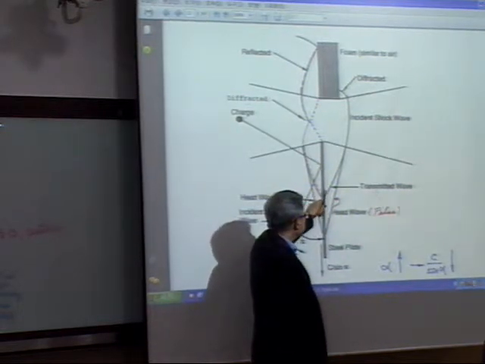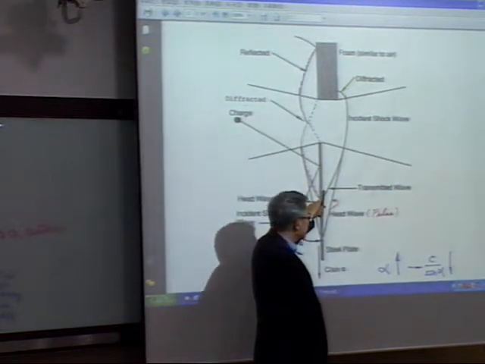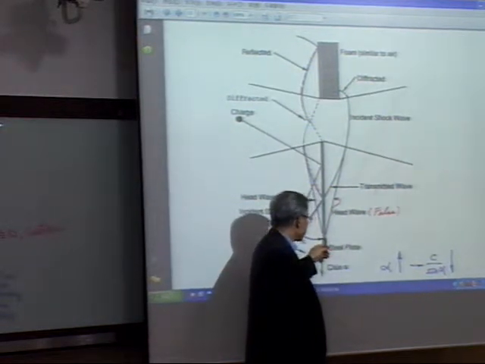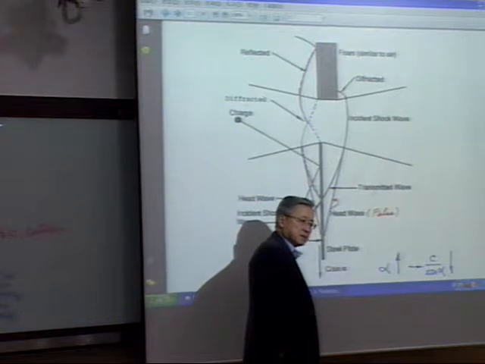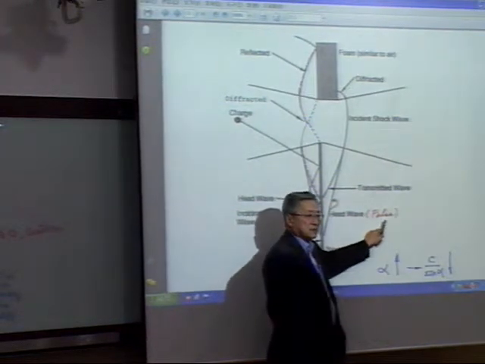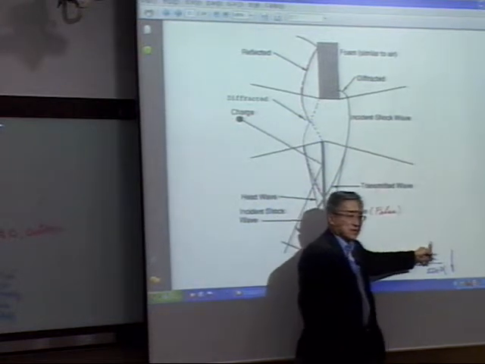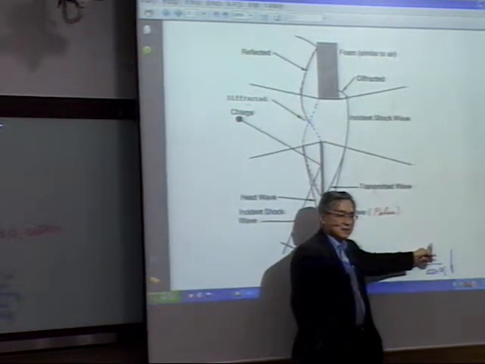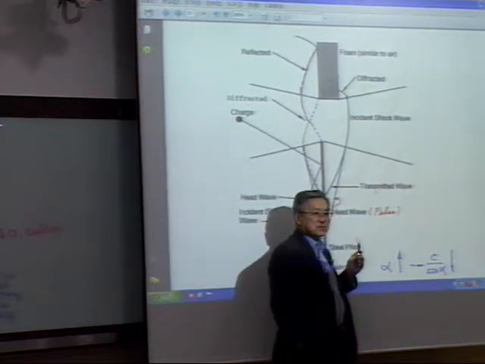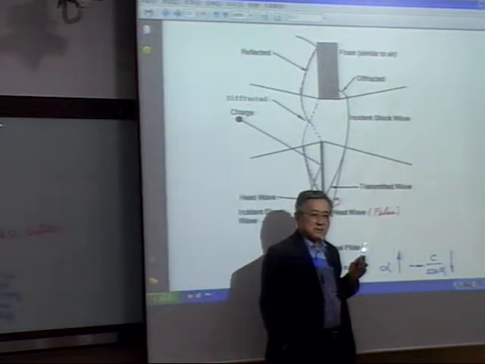So that comes ahead of the rear wave, and it just comes right out, because this point keeps pulling down, and this wave comes straight out and hits whatever the target is. This does not carry much energy at all.